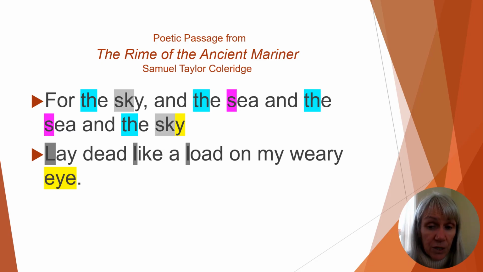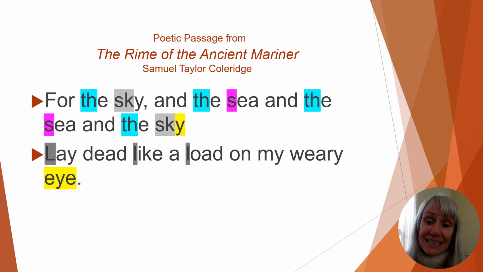Well, also what we could do is we could actually use that S sound in sky, because sky, the onset, has two phonemes in it. It has that S and the K sound, but we could take the S sound in sky and use that as part of our alliteration as well. So it could actually be a repetition of four of those sounds if we were to do it that way.